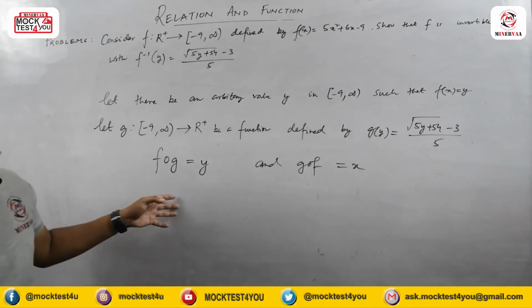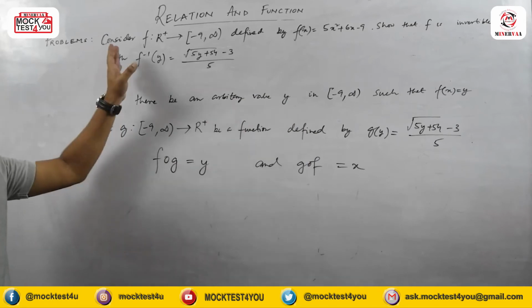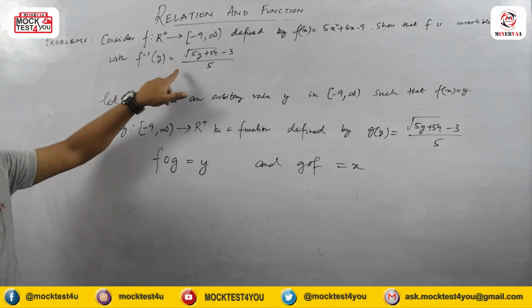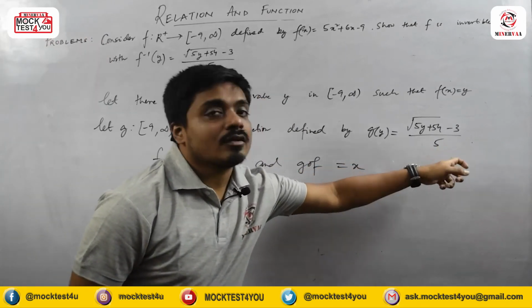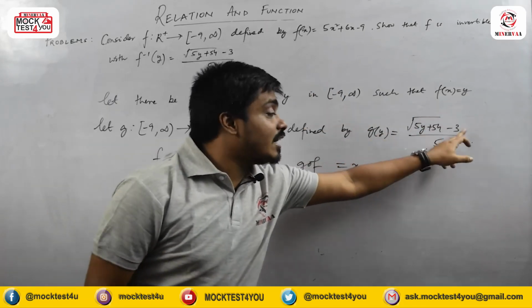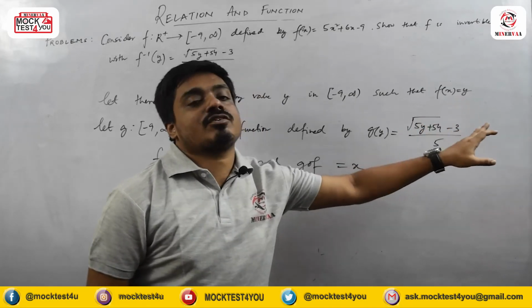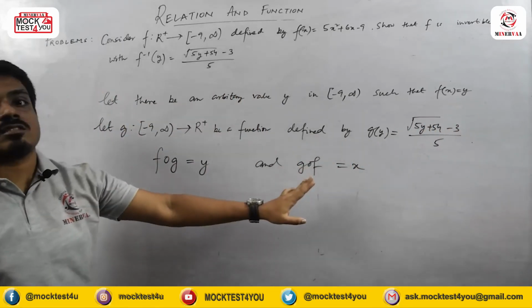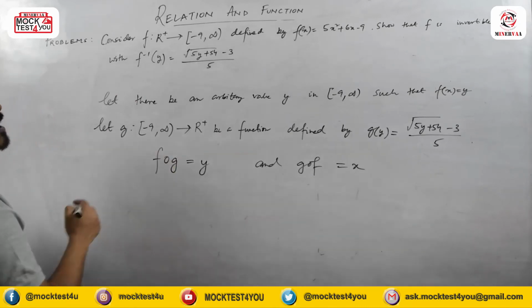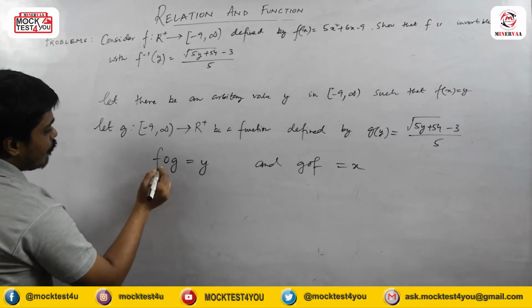If these two conditions are satisfied, then only we can say that the g function is the inverse function of f, and that the function is invertible with this root over of 5y plus 54 minus 3 by 5. So we need to prove both of these. Let us start with f of g. So f of g is equal to y.